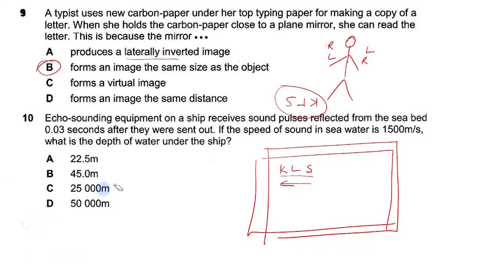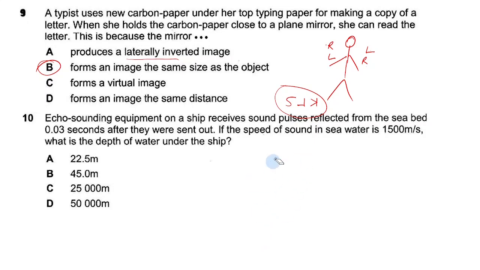So I go to this other question here, which says: echo sounding equipment on a ship receives sound pulses reflected from the seabed 0.03 seconds after they were sent out.